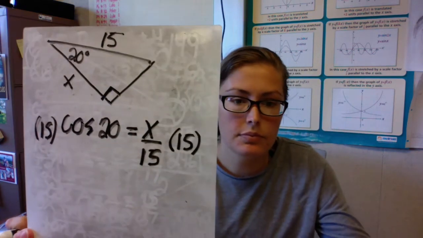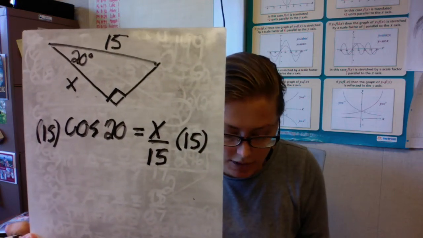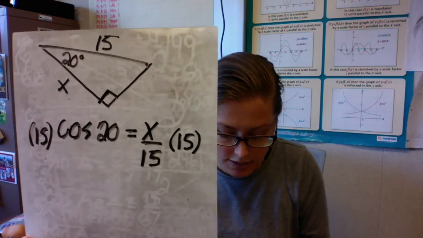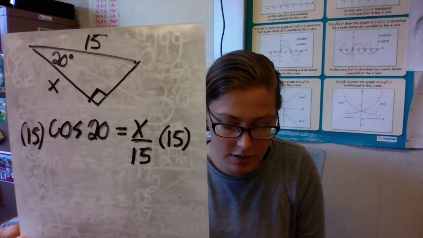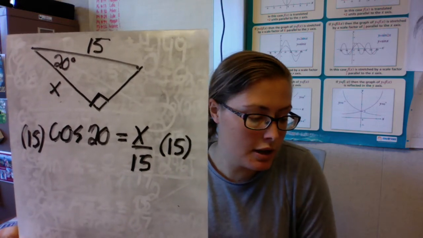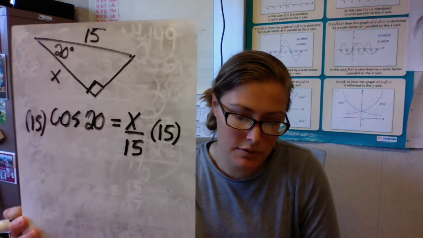Multiply both sides by 15. Plug it into our calculator: 15 times the cosine of 20. And we get 14.1.